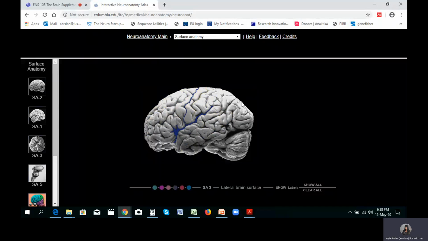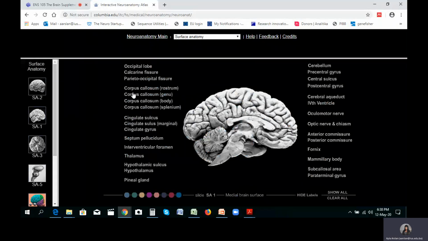Okay, and posterior to the brain, you have the occipital lobe, and the border between the parietal lobe and the occipital lobe, which can be seen here maybe better, is called the parieto-occipital fissure.